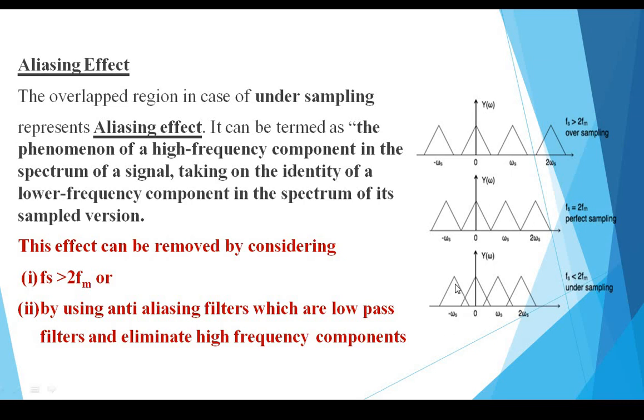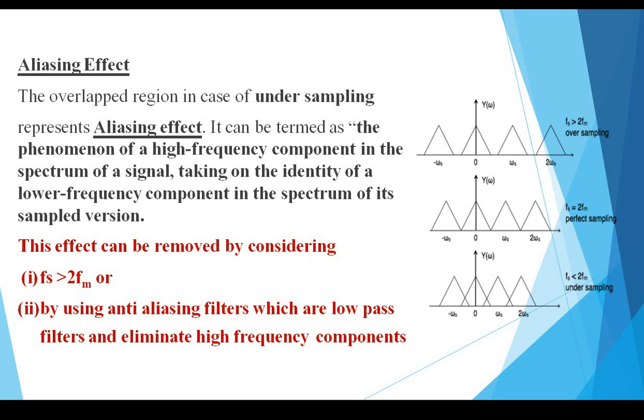This part will be overlapped. So your message signal spectrum will be like this, right? Your signal will be like this, part will be lost, and this effect is called your aliasing effect.